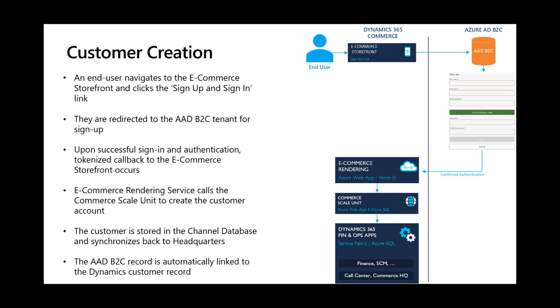It's carrying the token through from that authentication, and now the commerce scale unit creates a new customer record. That in turn gets synced back to your HQ so that you have a thorough customer record throughout the entire stack. The linking happens automatically and is tracked, with the record in B2C linking back to the customer number that was created.